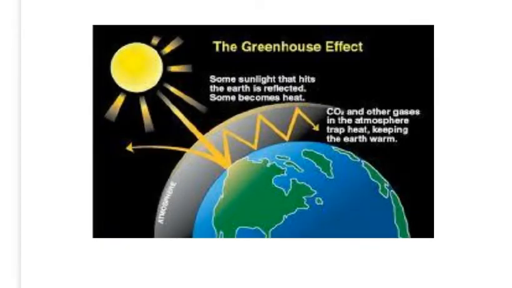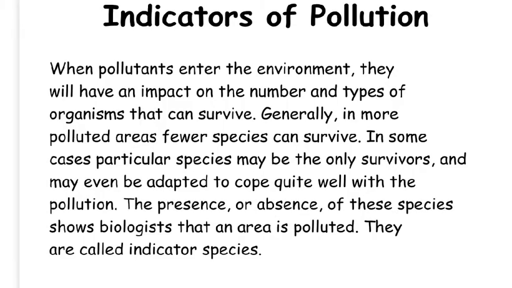Carbon dioxide, which is released when fossil fuels are burnt, is a greenhouse gas which contributes to global warming. This happens because greenhouse gases trap the sun's radiation in the atmosphere, gradually warming it up. When pollutants enter the environment, they will have an impact on the number and types of organisms that can survive.